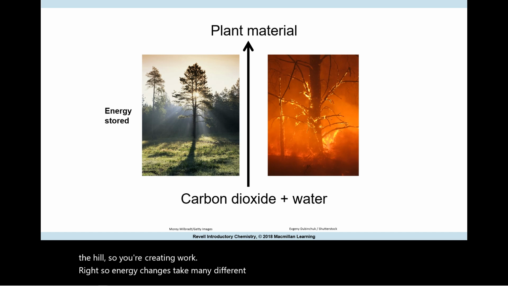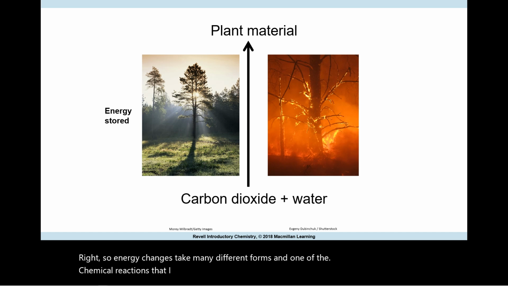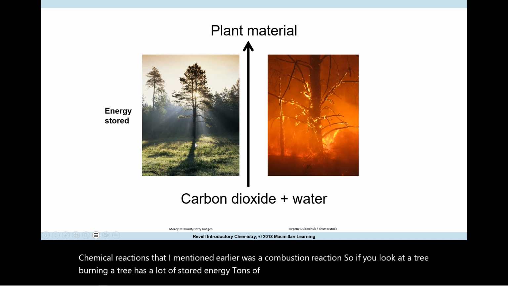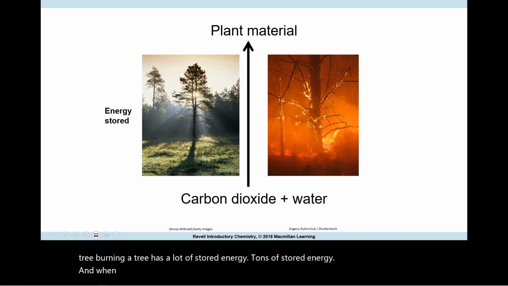One of the chemical reactions that I mentioned earlier was a combustion reaction. If you look at a tree burning, a tree has tons of stored energy. When you ignite a tree, it burns and you feel the heat, right?